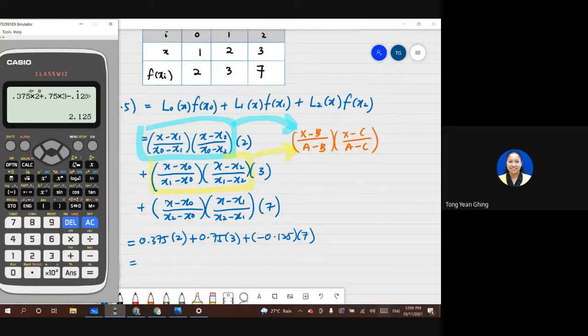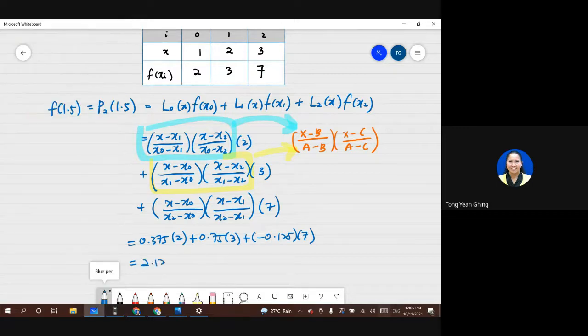Should I calculate again? Times 2 plus 0.75 times 3 minus 0.125 times 7. Yes, the answer is 2.125. But the book says 2.215. Maybe it's a mistake.